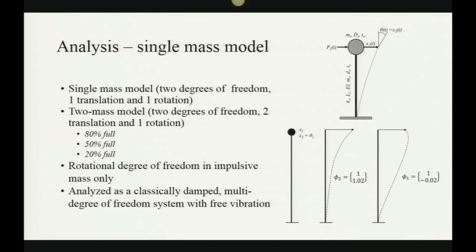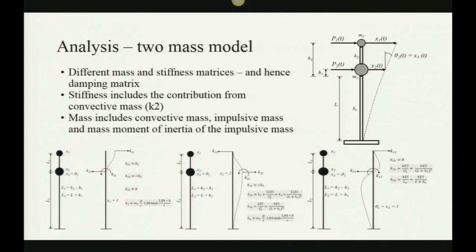It was analyzed as classically damped, and it had multi-degrees of freedom with free vibration. So for our second mass, when the impulsive mass at the top, or the convective mass, comes into the picture, we have to consider the stiffness contribution of that mass in the whole structure. That's how we did our analysis. Most of the things are the same, but we want to show the things that are different, which is the K2.